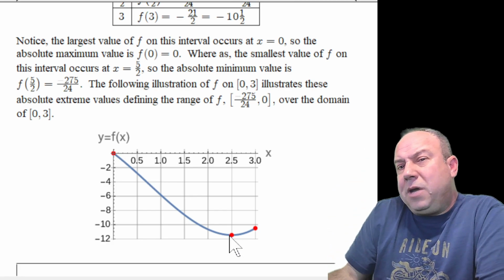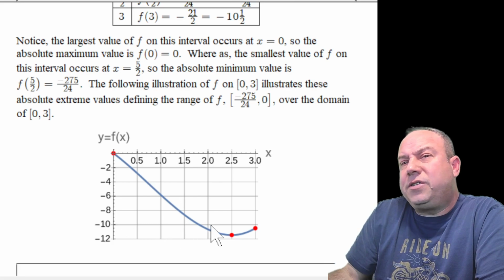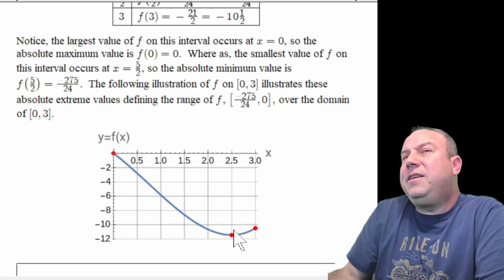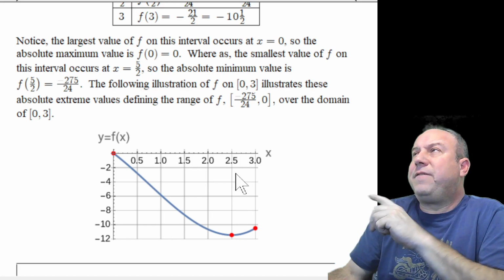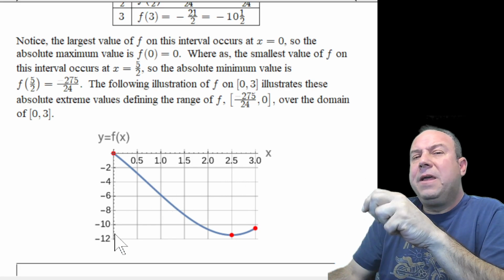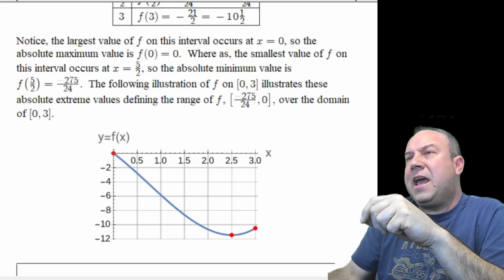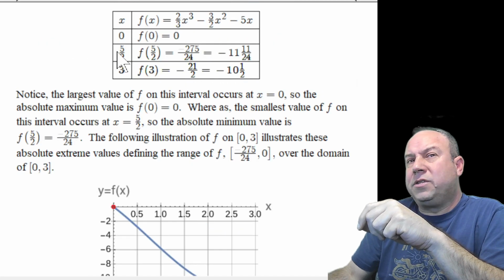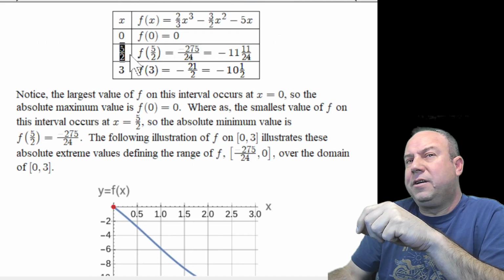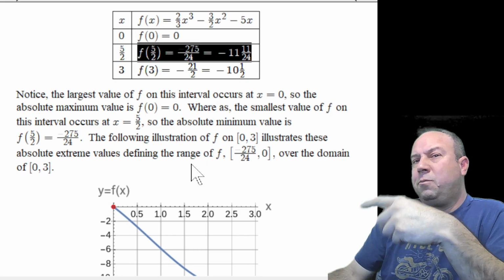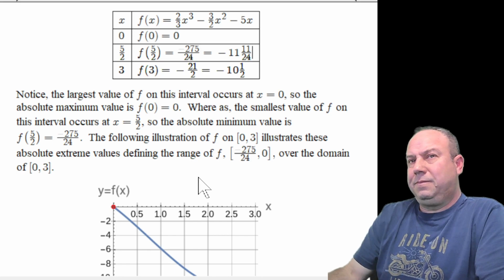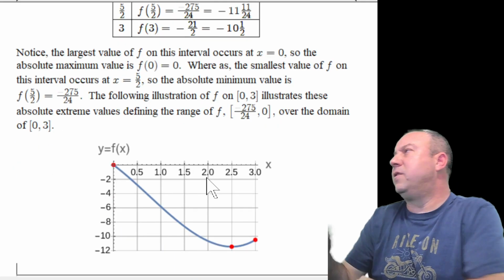Whereas the absolute minimum occurs at the value of 5/2, 2.5, which is at -11 and 11/24, which is at this location seen here. That's our absolute minimum value, and that can be seen in the graph for this closed interval.